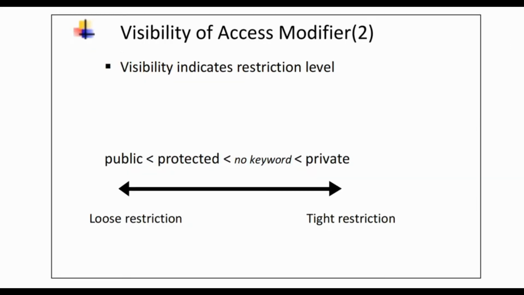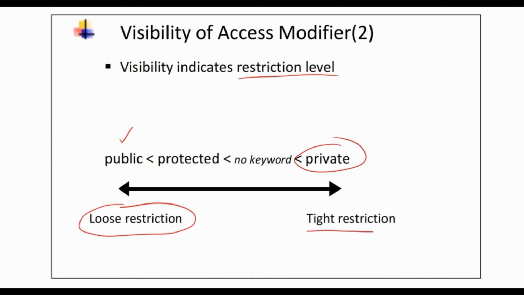The visibility of the four access modifiers indicates restriction level. Among the four, public is the one having the most loose restriction, and private is the one having the most tight restriction.